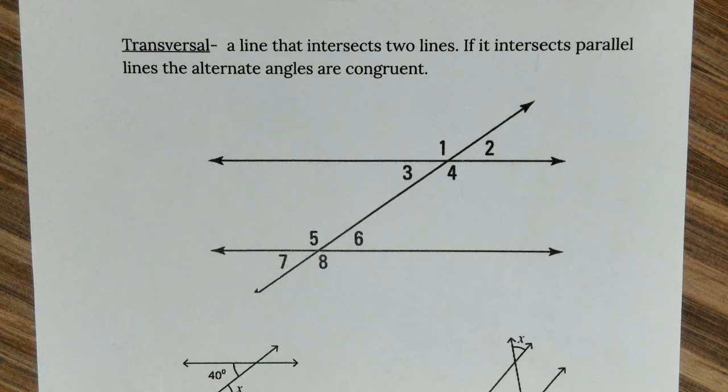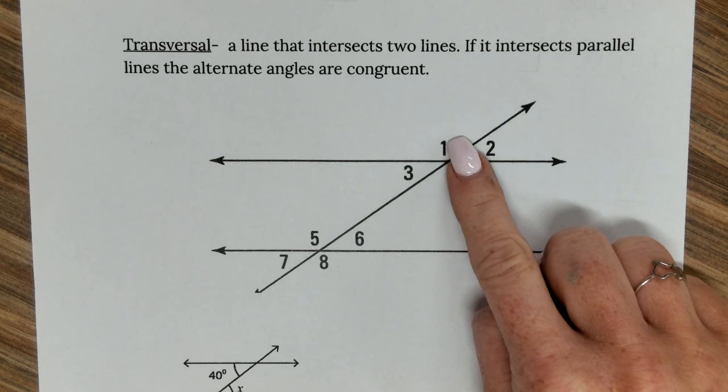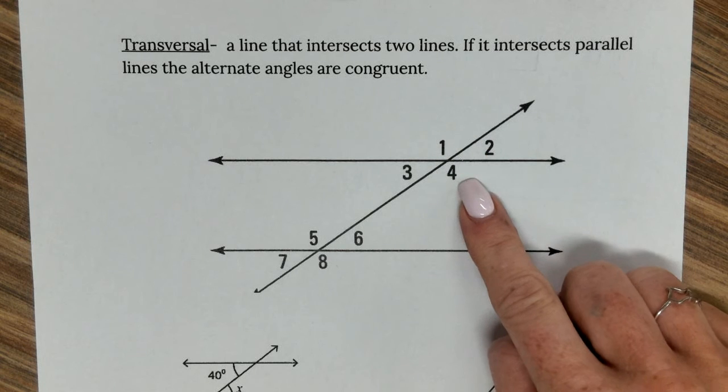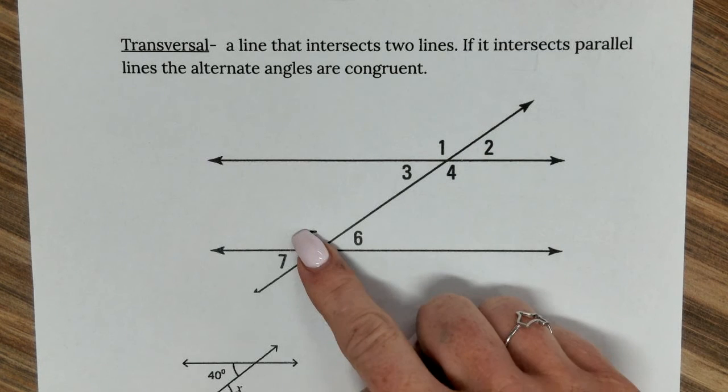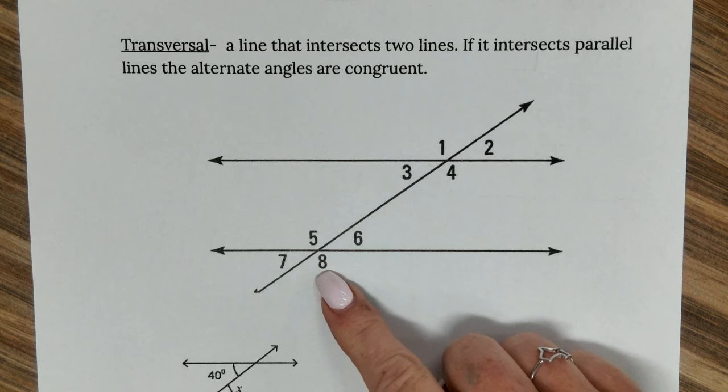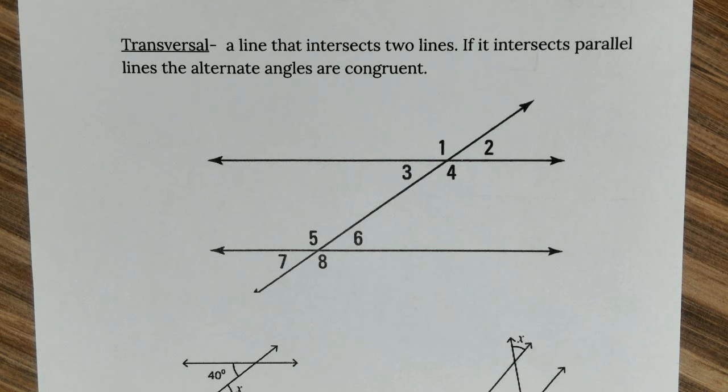All of the obtuse angles are the same. So if I tell you angle 1 is 120 degrees, what's angle 4? What's angle 5? And what's angle 8? 120. They're all the same.